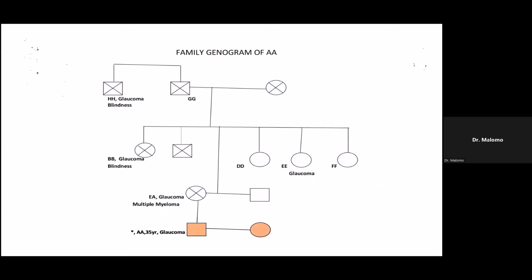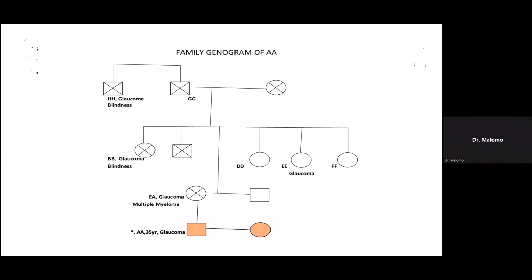So what can we learn from this genogram? Again, let us start from our index patient, Mr. AA, who is a 35-year-old man that you have just diagnosed to be having open-angle glaucoma. And so you wanted to find out how strong is the predisposition to glaucoma in this family.